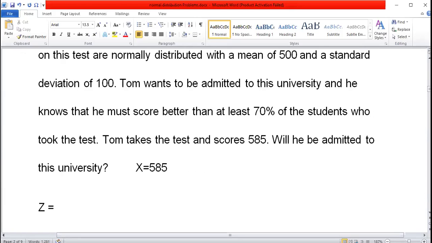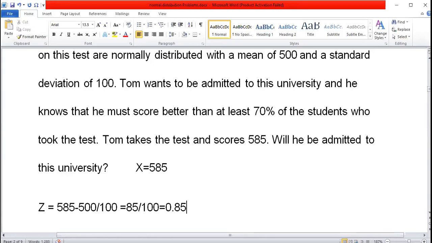Z is 585 minus 500, divided by 100, and that gives you 0.85. This is his score in z terms. His test score is now converted into a z score. And now what do you want?